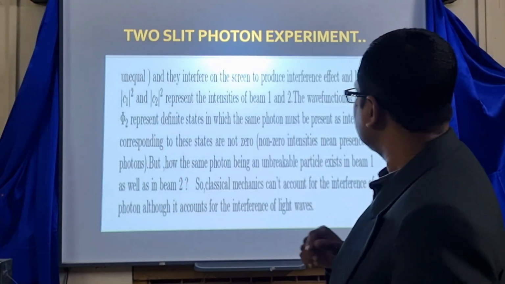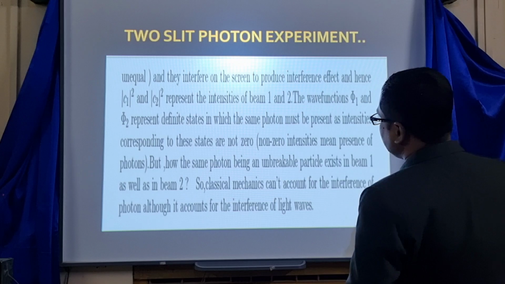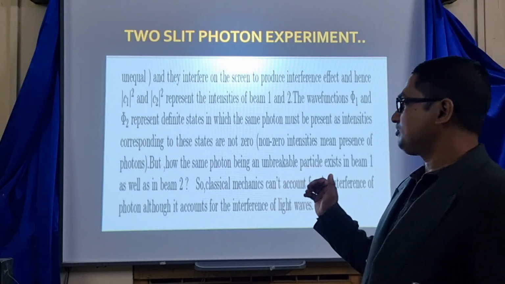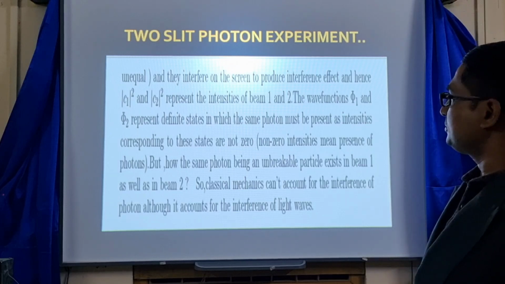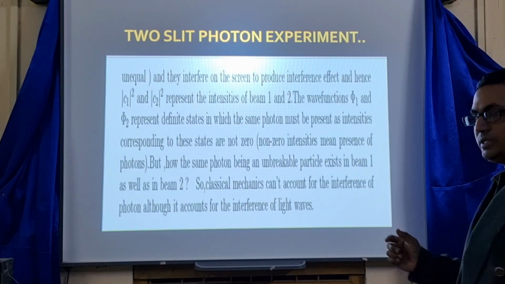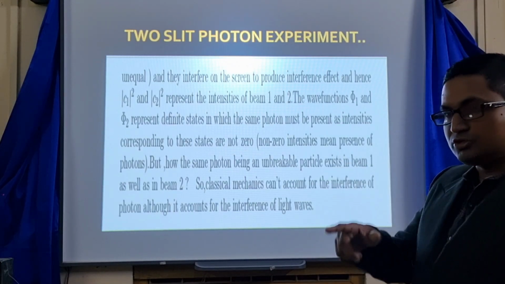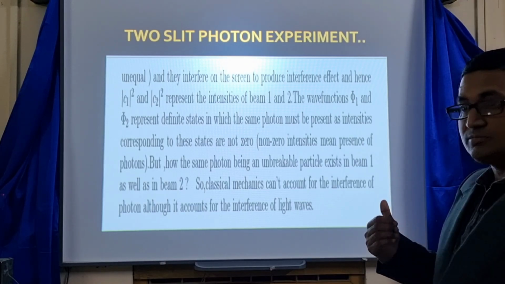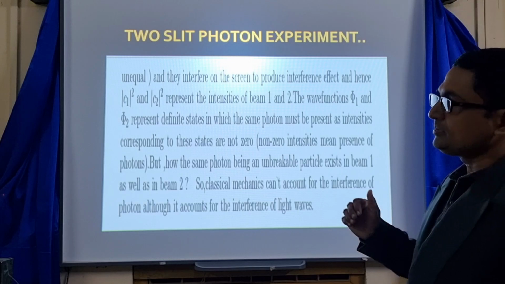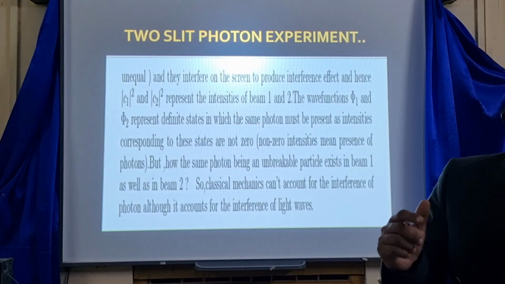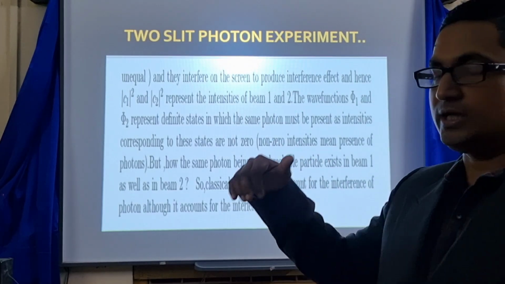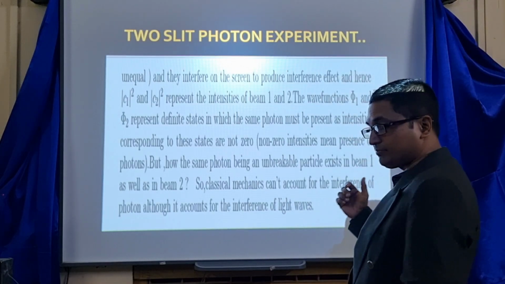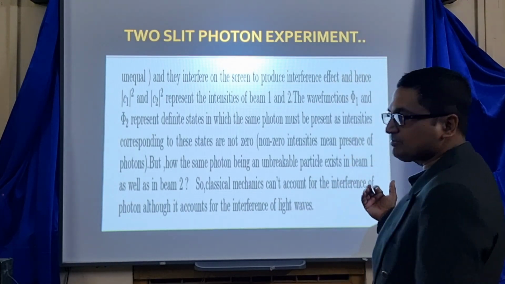Since intensity phi 1 corresponds to S1 and phi 2 corresponds to S2, that also means the photon is present in slit S1 and also in slit S2. So what does it mean? The meaning is that a single photon is present in slit S1 as well as in slit S2. But since the photon is not a breakable one, how can this be possible?